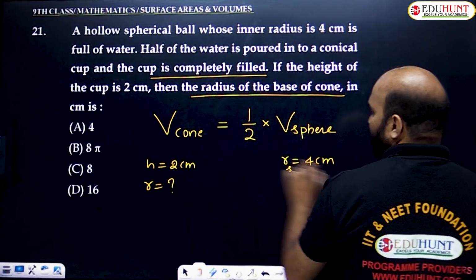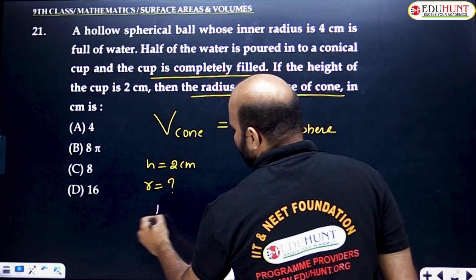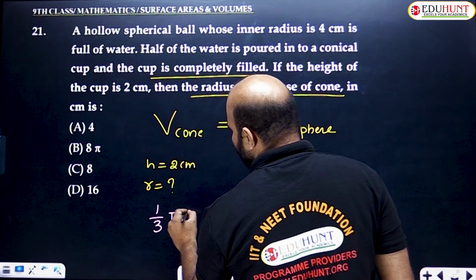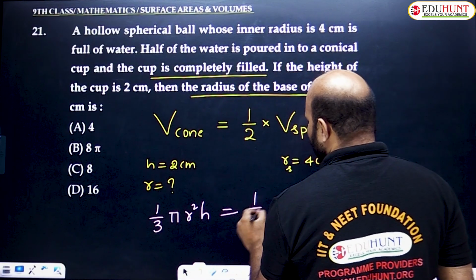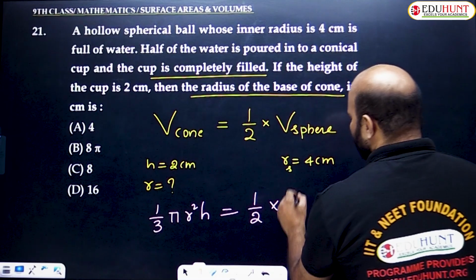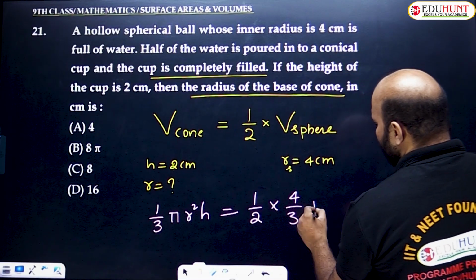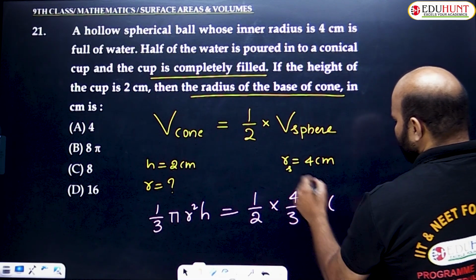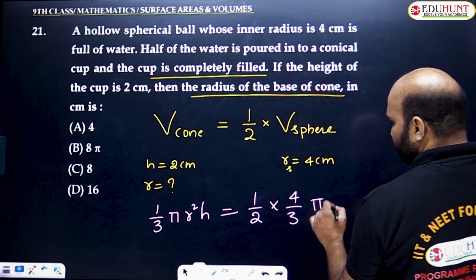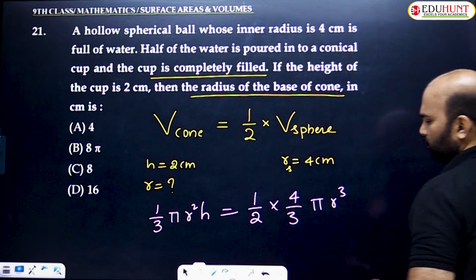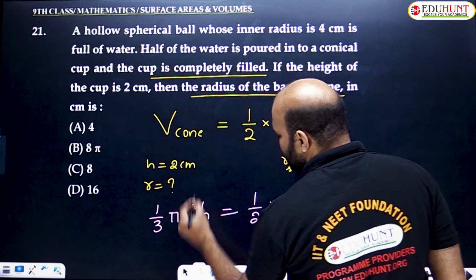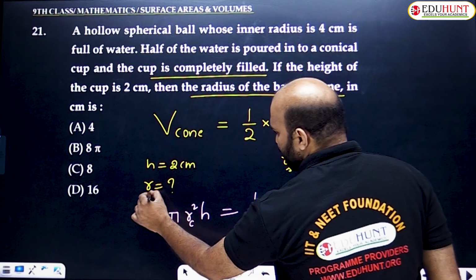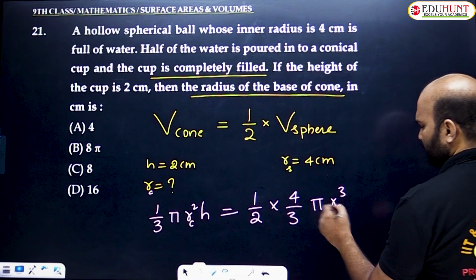The volume of the cone equals 1/3 pi R square H, equal to half of the volume of the sphere, 4/3 pi R cube. Here the first R is the radius of the cone, which will be asked at the final, but here R stands for the radius of the sphere.